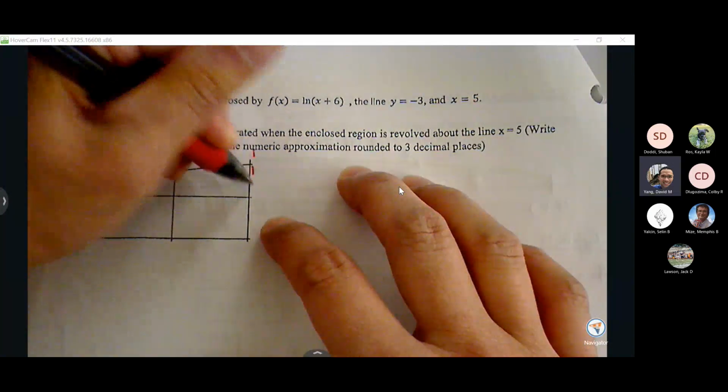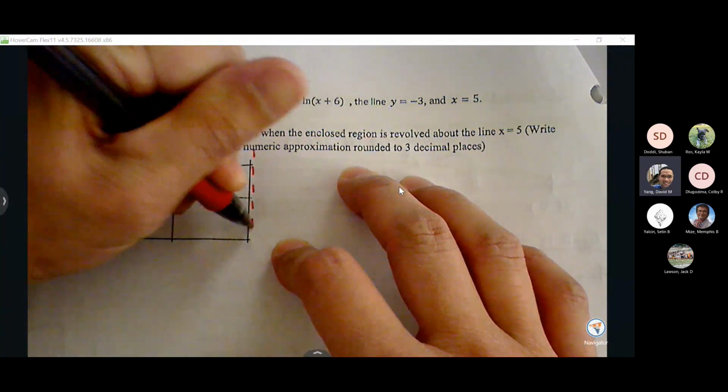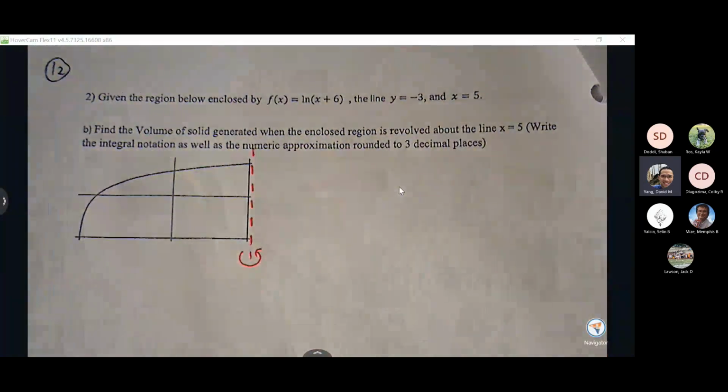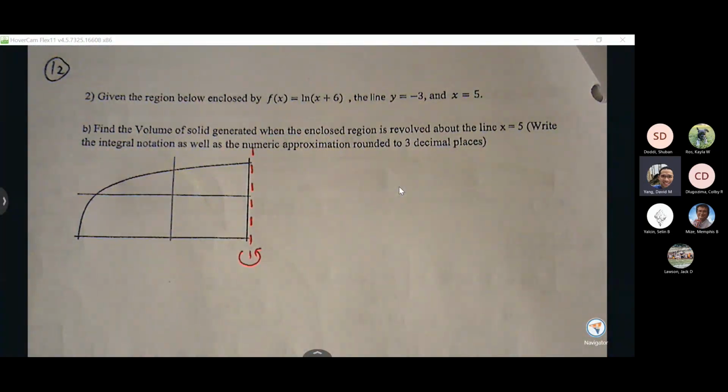Going to be right up against the edge of my diagram. So this is a right minus left, but it is also just going to be a disk method. There's no gap between the axis and the shaded region.